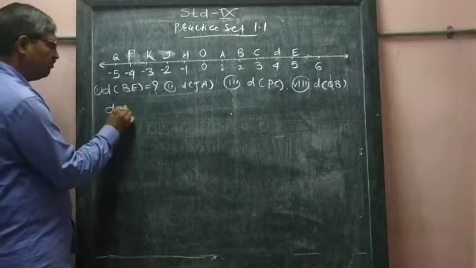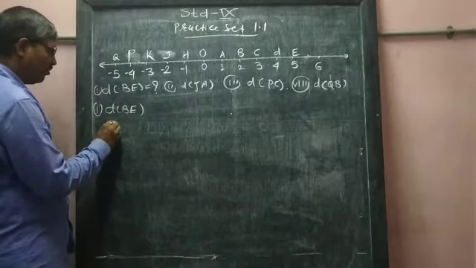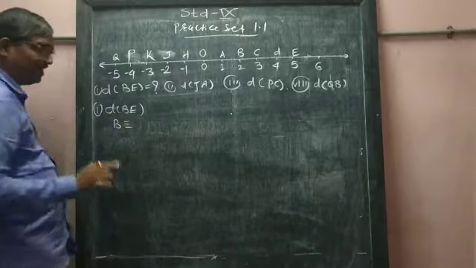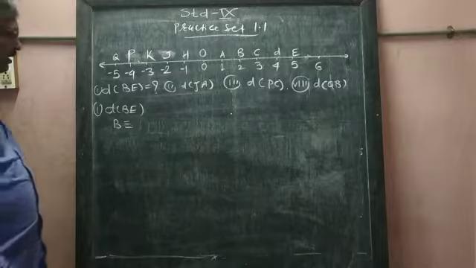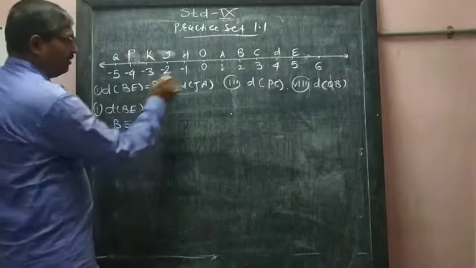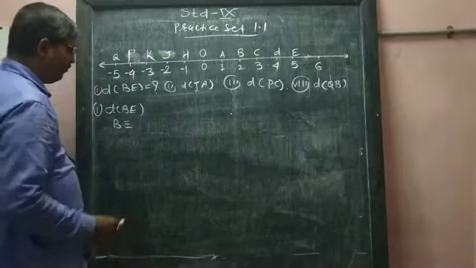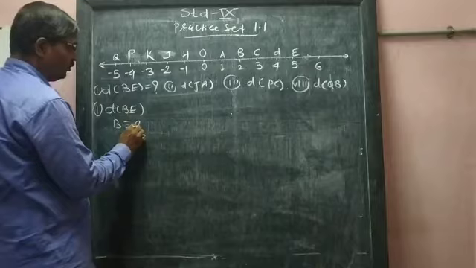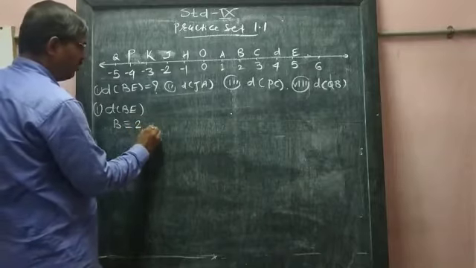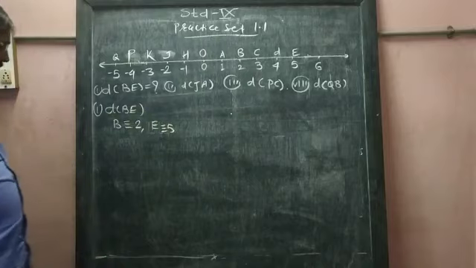So we will find the distance of BE. The coordinate of B is 2 and the coordinate of E is 5.